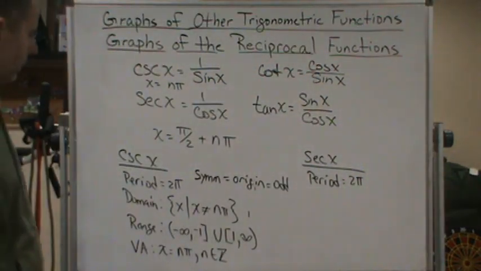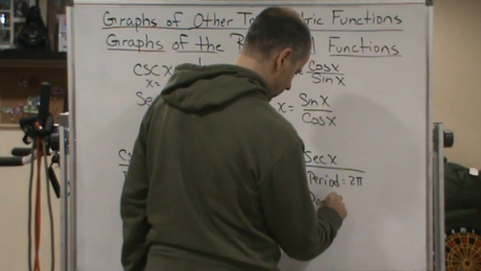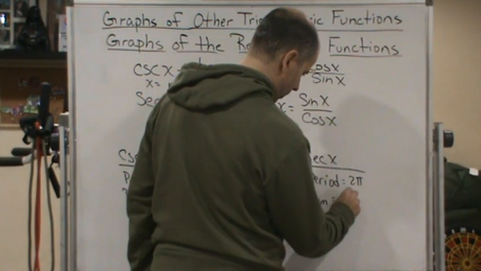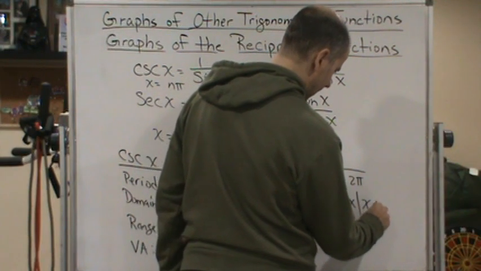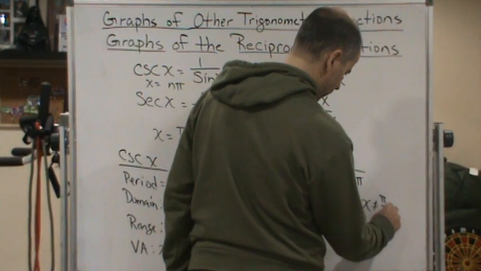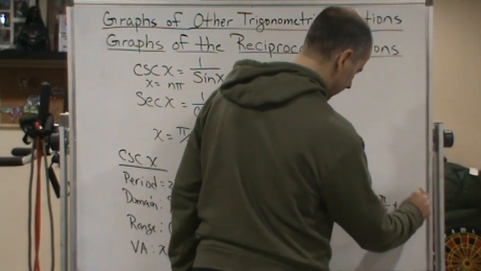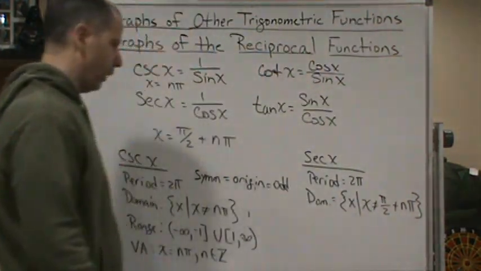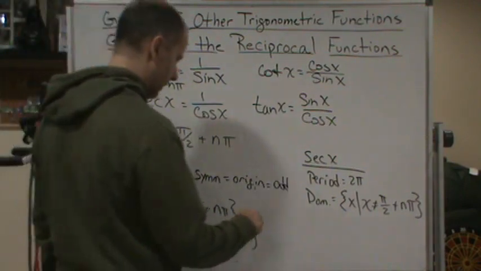The domain is going to be the set of all x such that x is not equal to pi over 2 plus n pi, again where all the asymptotes are located. And likewise, the range is the same as cosecant.